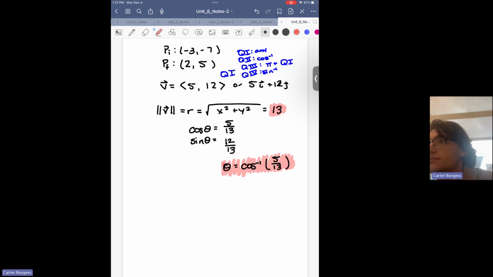Other questions here? Hopefully this is very similar to what we did for 6-1 and for 6-2. You're just finding r, finding theta. Before in 6-1, we were writing it as r comma theta, like a point.